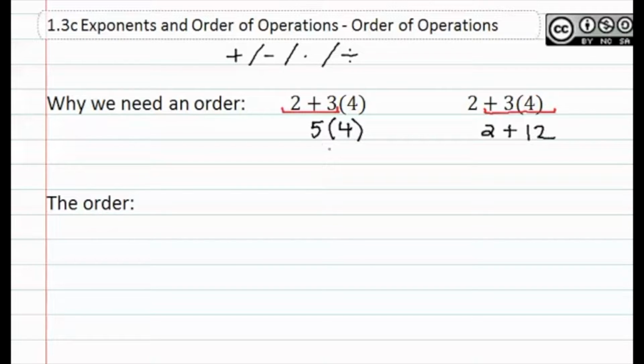Next, I will multiply in the first one, giving me 20, and add in the second one, giving me 14. As you can see, these two answers are not the same, which means one of them is incorrect. We therefore will develop an order to decide which of these is incorrect.